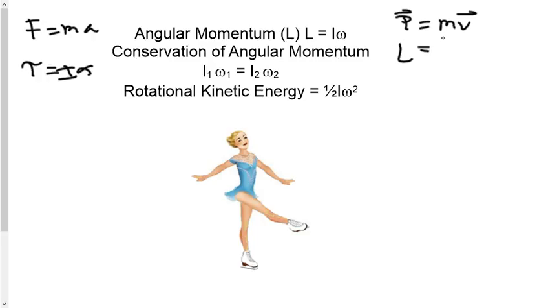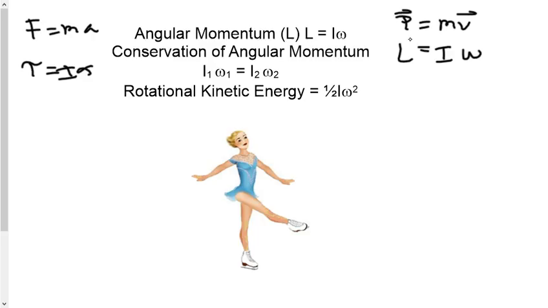M is now going to be the moment of inertia, I, and we translate v as omega, which is angular velocity. That's something we did in our previous chapter.